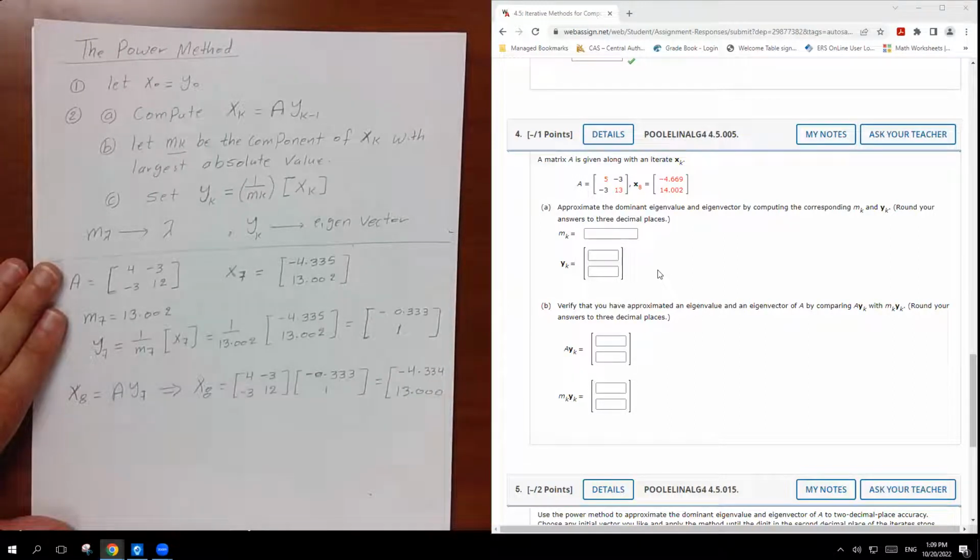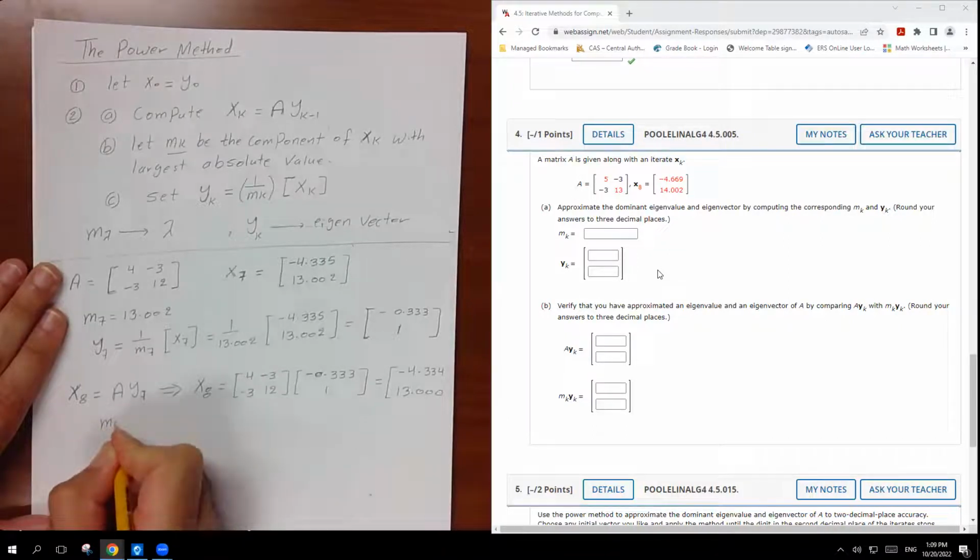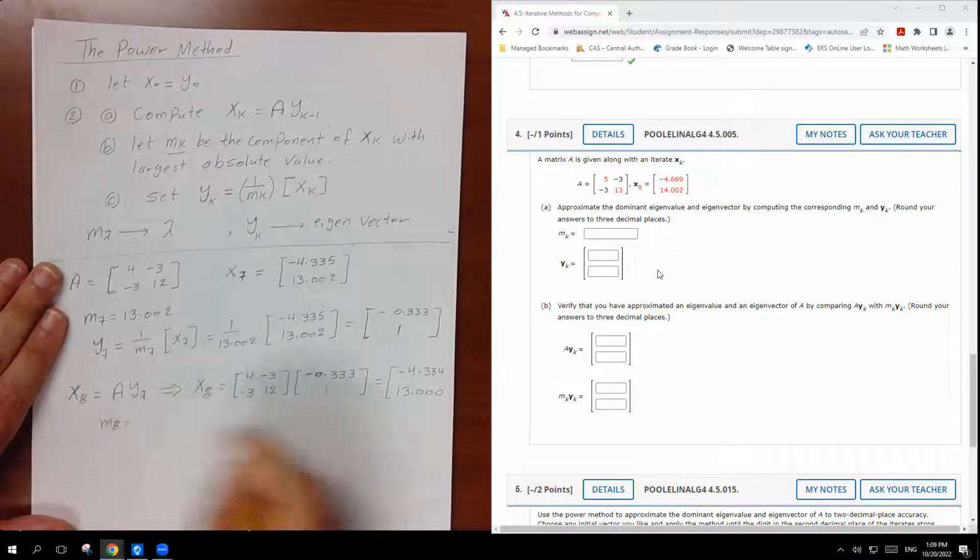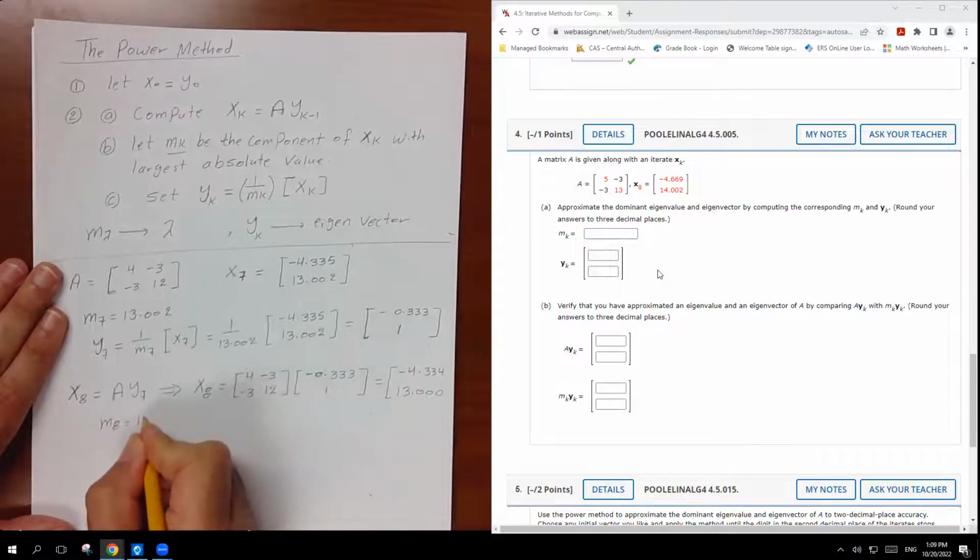This is X8. That means M8 is going to be the number with the large absolute value, which is 13.